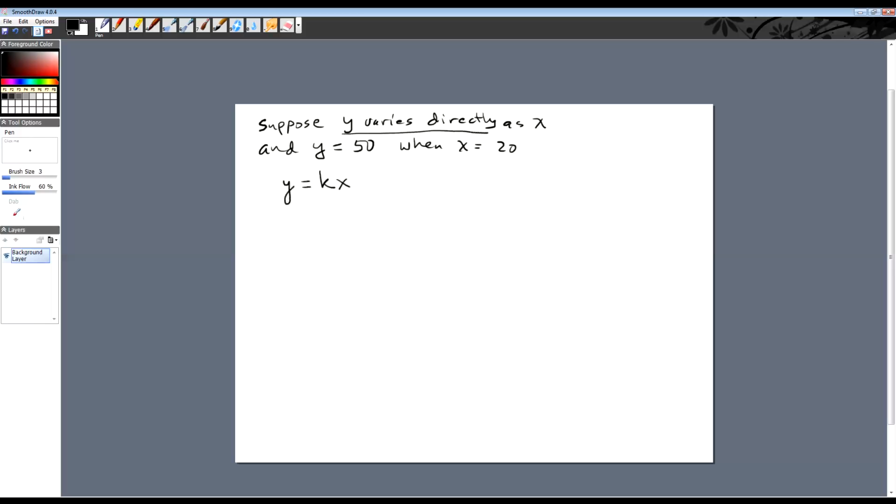So since we know what y is, we replace y with the 50. We replace the x with 20. And then we can solve for k, dividing both sides by 20. K equals 5/2.